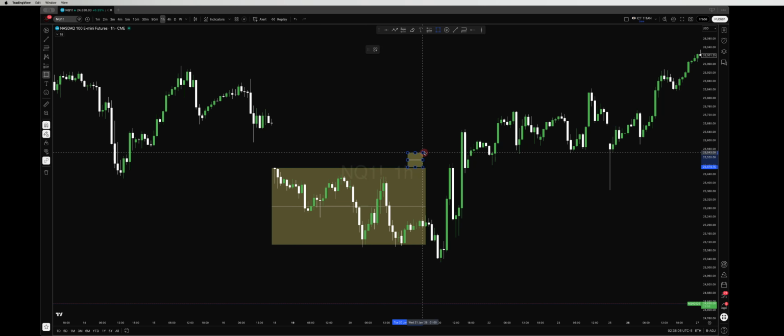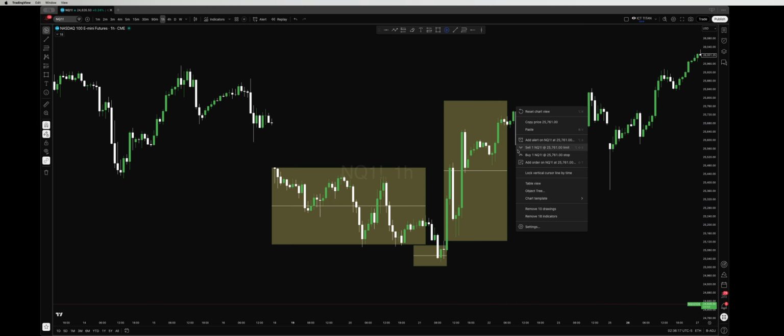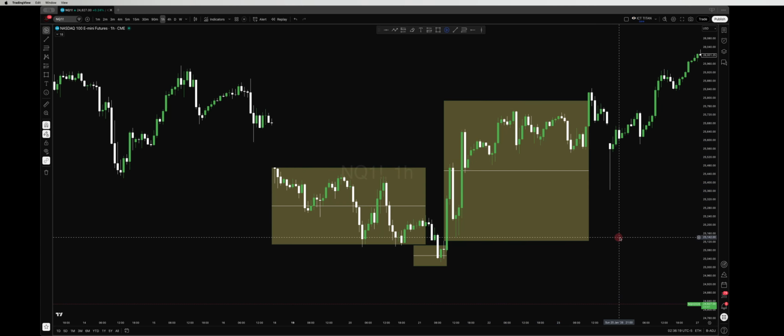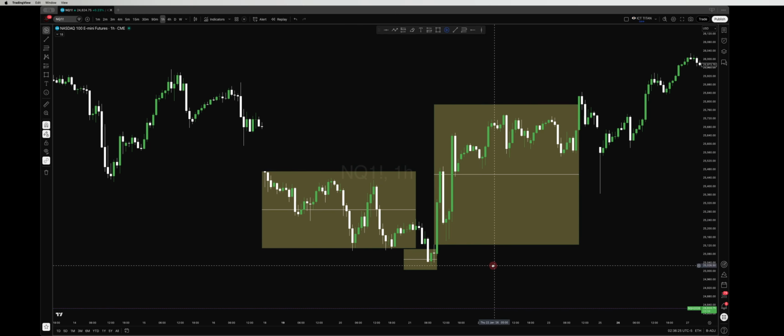Either take a buy side or take a sell side. What do you see here? Taking a sell side. That means manipulation is right here. And then what do you expect? To price do a distribution, correct?